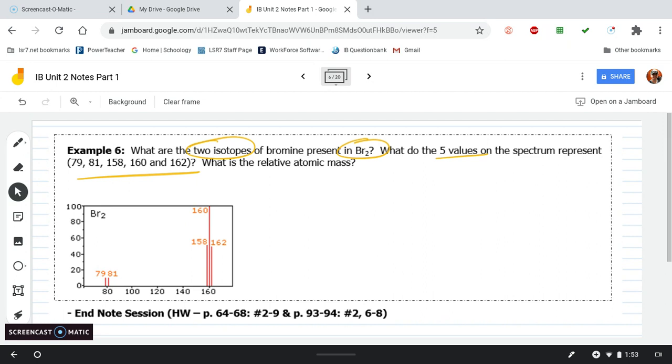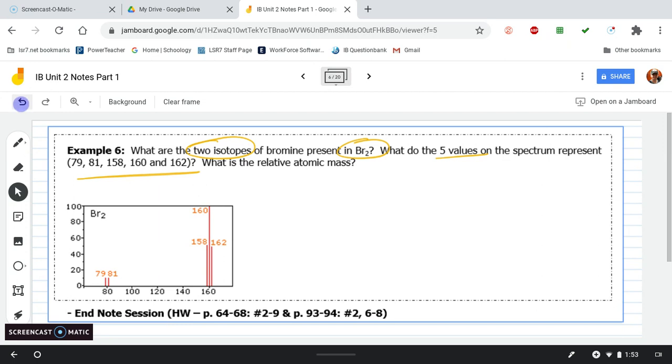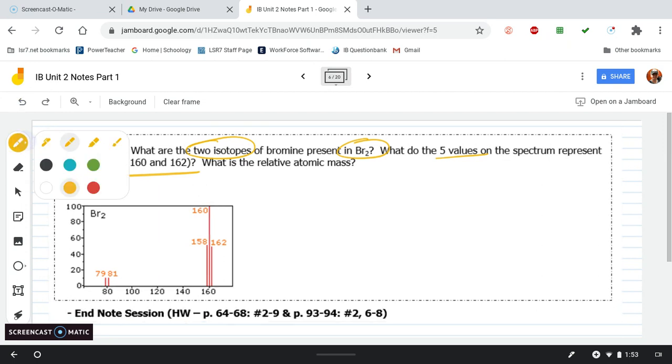Okay, so here's the thing. Bromine is diatomic. And so what that means is that when you put bromine into the mass spectrometer, you're going to get some of the masses will be for individual bromines, but some of the masses are going to be for these diatomic bromines. Okay, so for the diatomic bromines, they would have 2 bromines.